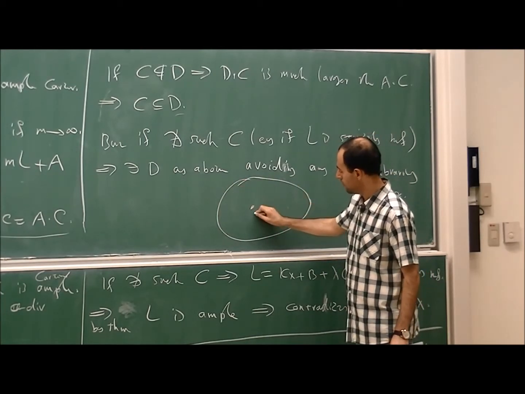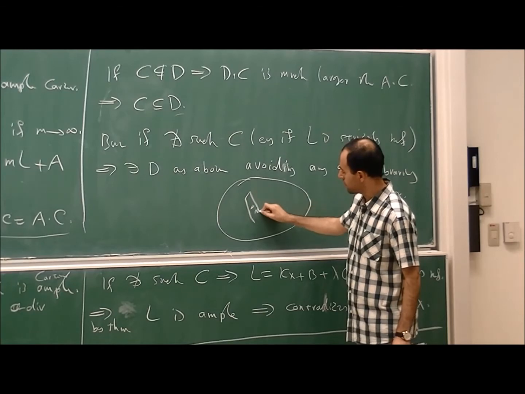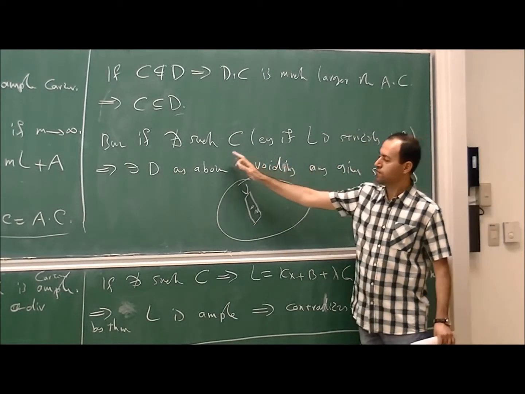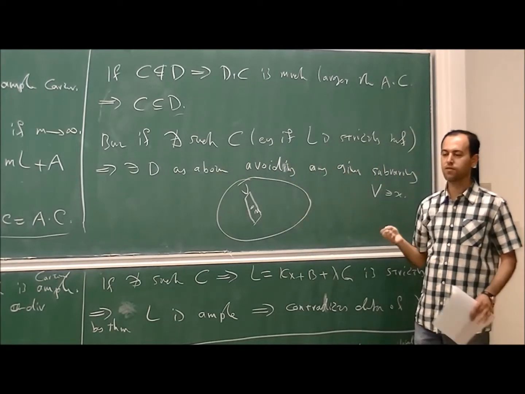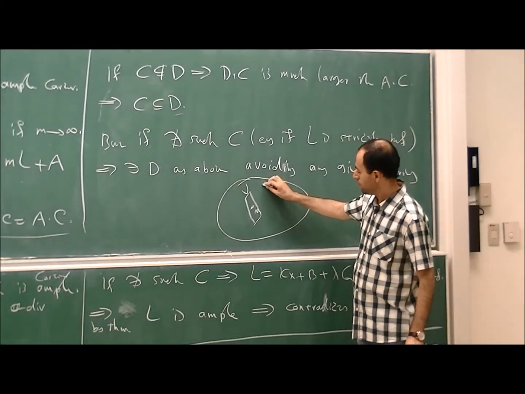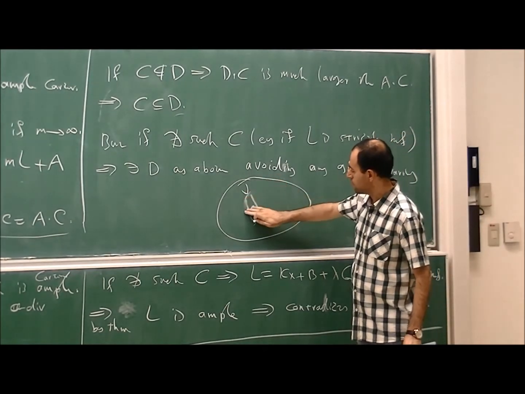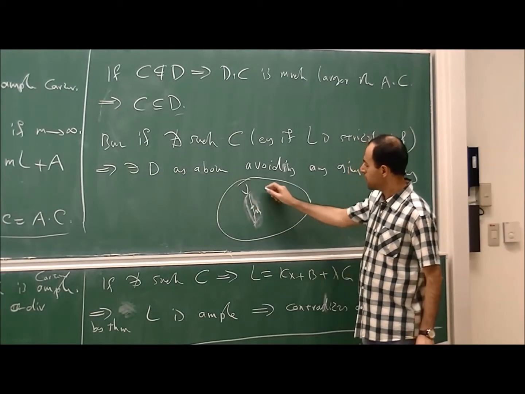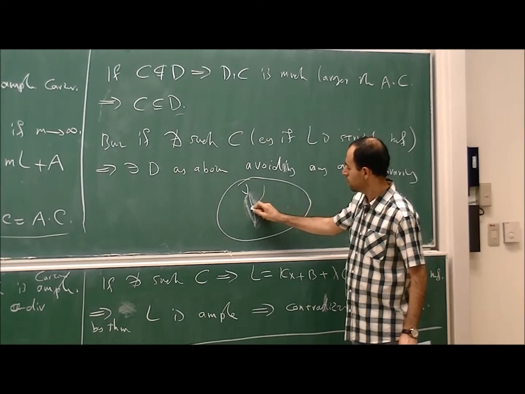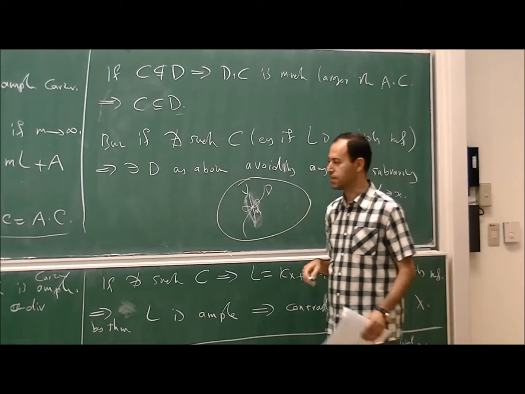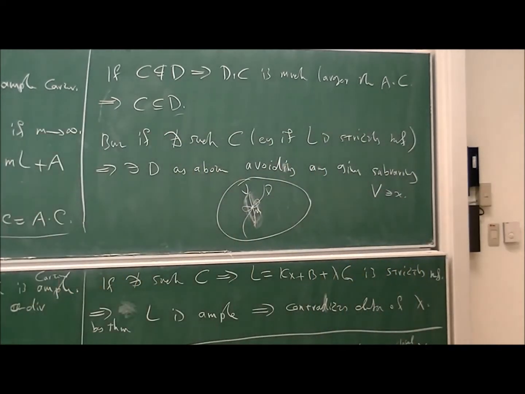Suppose that this is X. Suppose that we are given some variety V. Now I'm saying that if L is strictly nef, you don't have this triviality near the point X. You can always find, just draw something two-dimensional, a divisor D which will have very large multiplicity, but so that it does not contain V. And then I will tell you why we like to have this kind of picture.